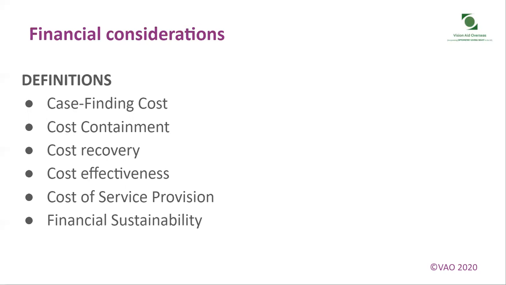It is important to understand some of the definitions around financial considerations in the eye care service. These include case finding cost, or per unit cost, is how much money is spent to get one patient. Cost containment, simply defined, means less money going out.